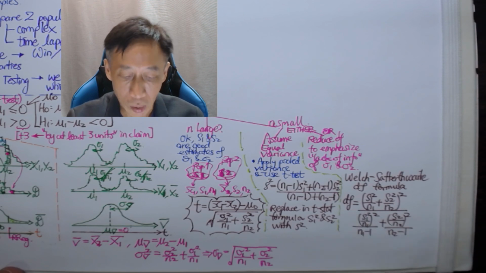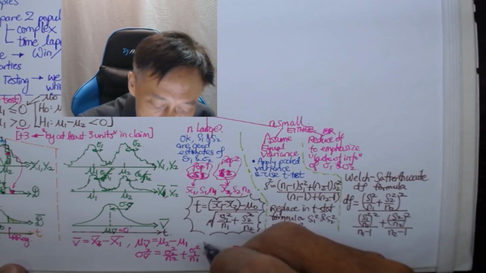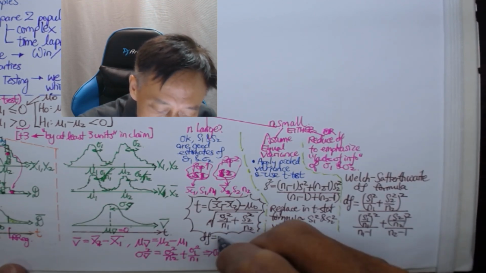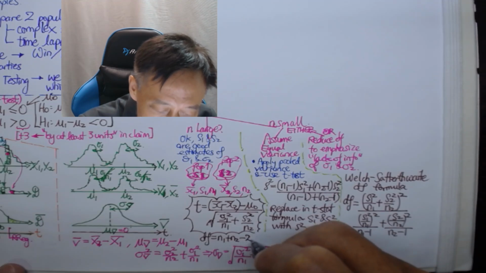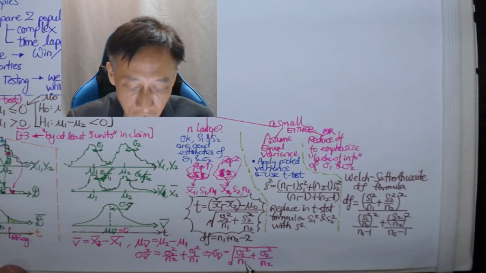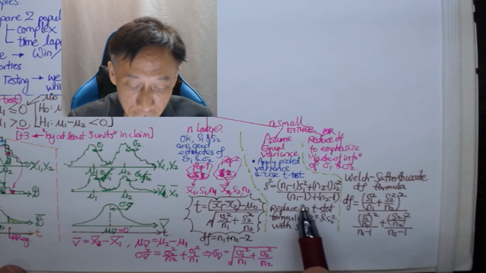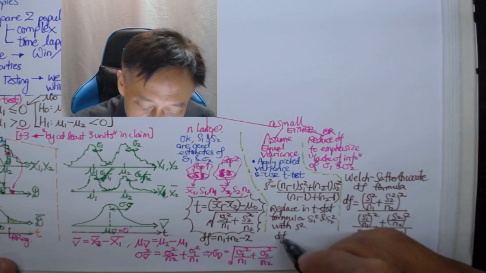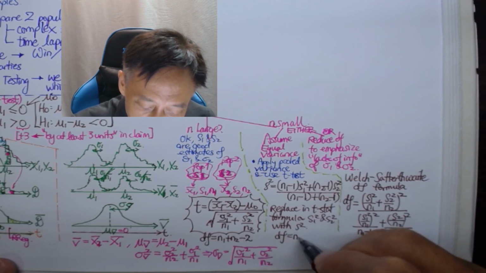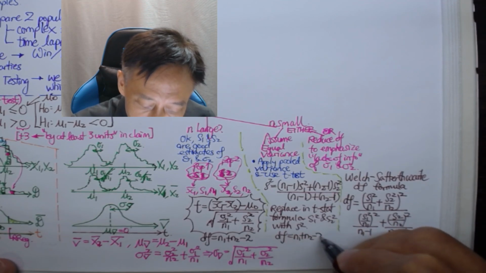By how much? Well, I didn't write, but this degree of freedom here is N1 plus N2 minus 2, right? Not surprisingly, because the pooled variance also has this degree of freedom. So this degree of freedom also is N1 plus N2 minus 2.